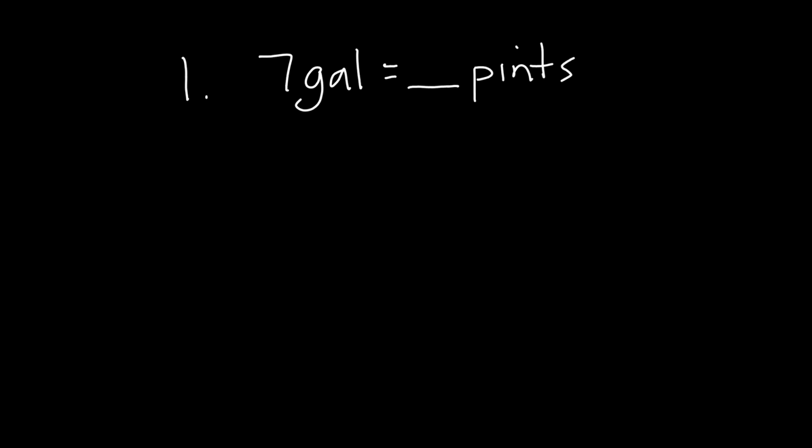Okay, now it's your turn. I want you to try and work out the next 2 problems. First problem, I want you to tell me, if I have 7 gallons, how many pints do I have? Problem number 2, if I have 7 kilometers, how many centimeters do I have?